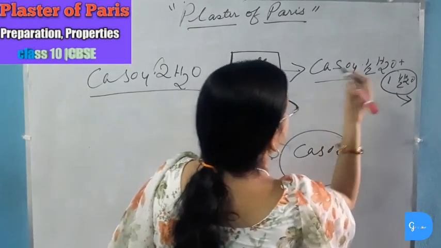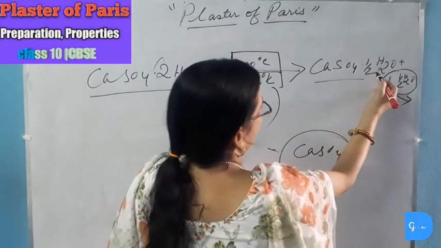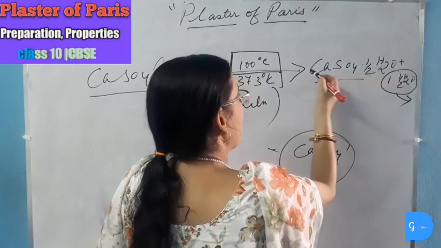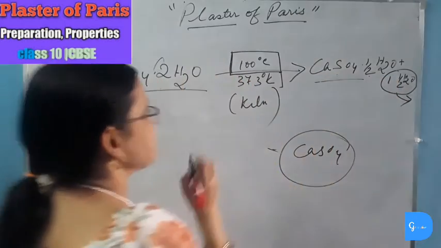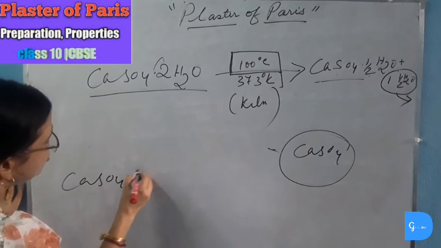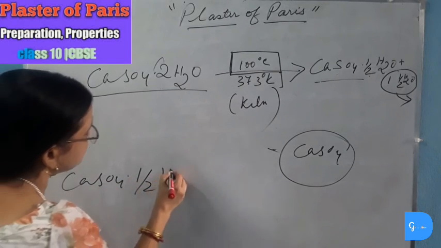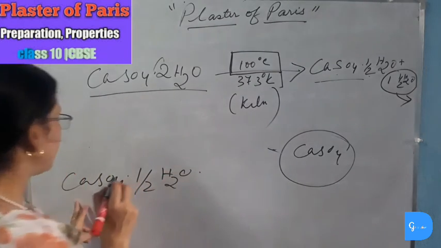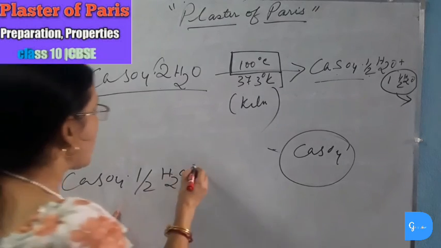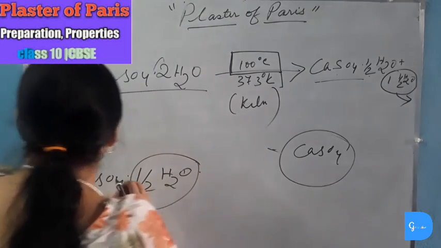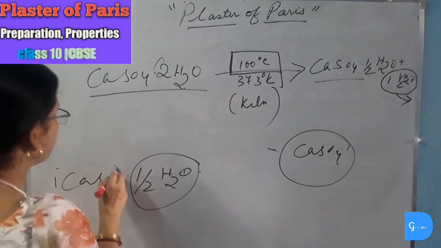Now here it is clear that half molecule of water of crystallization is present in one formula unit of calcium sulfate.